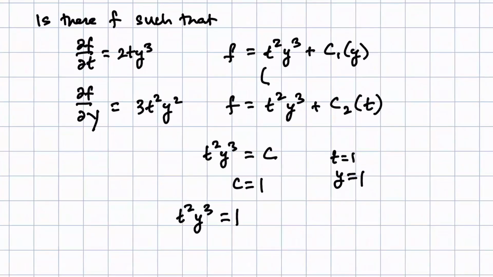Now, in fact, in this problem you can actually solve for y. y cubed is 1 over t squared, and so y is equal to 1 over the cube root of t squared.